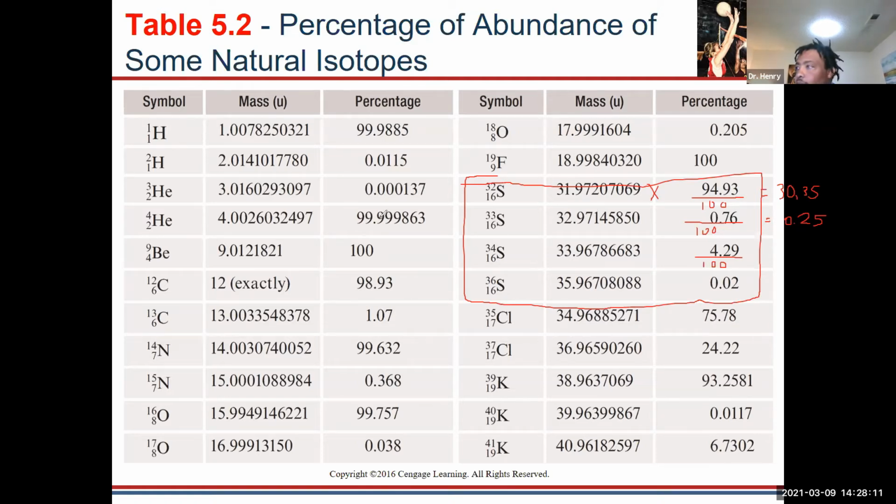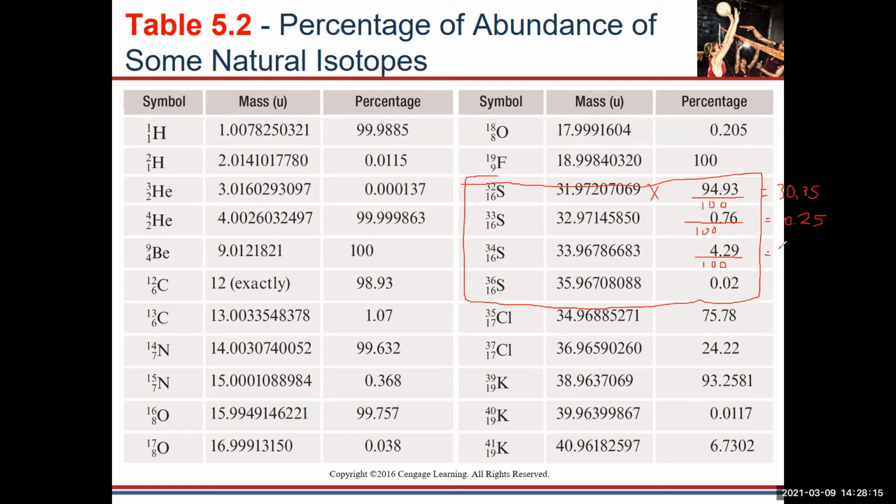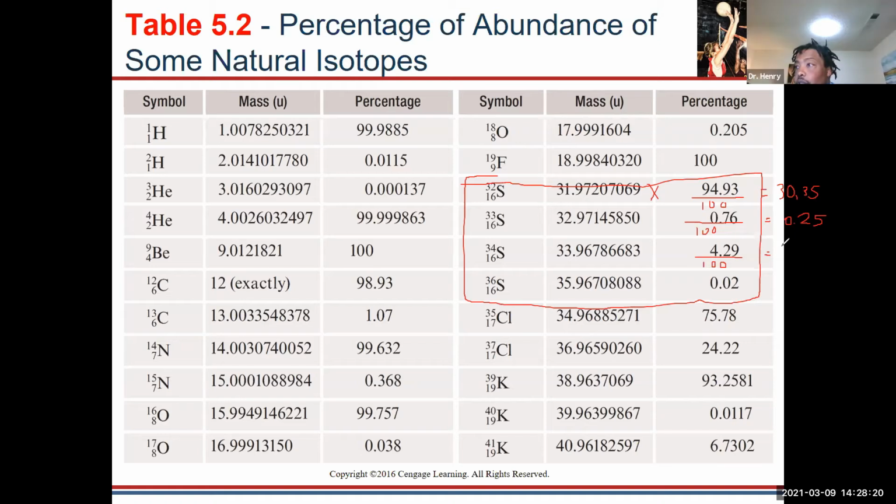So the charity, is that what it is? 0.26. Yeah, for silicon 34. Sulfur 34? So sulfur. Yeah, you said 1.46. Yep.